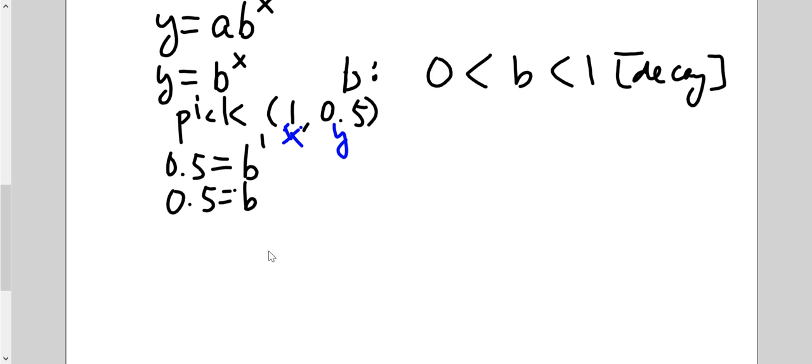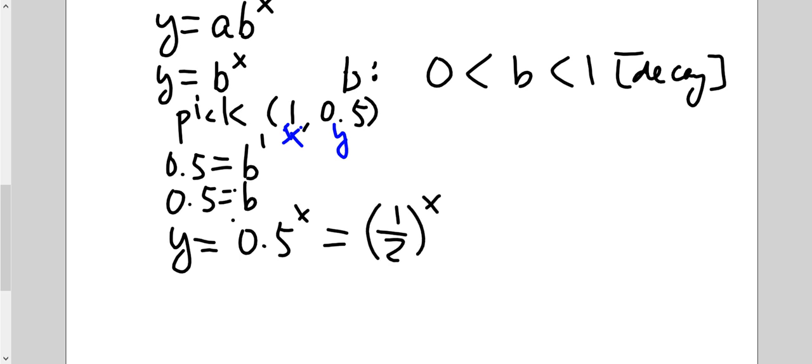Just plug the b value back in. So y equals 0.5^x. If you want, you can put down 1/2, that's equally fine. (1/2)^x is also acceptable because they are the same thing.